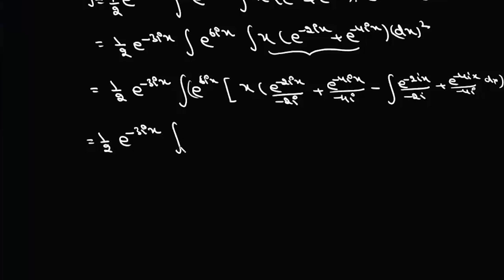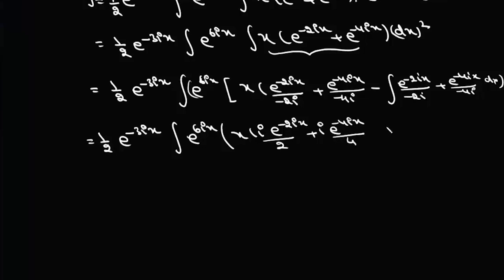Now this is 1 by 2 e to the power minus 3ix, and then this integral e to the power 6ix. Now i to the power 4 is 1 and minus i is i cube, so we can write x, and this is i e to the power minus 2ix whole divided by 2 and plus i e to the power minus 4ix upon 4, and here it will be e to the power minus 2ix upon 2i square.